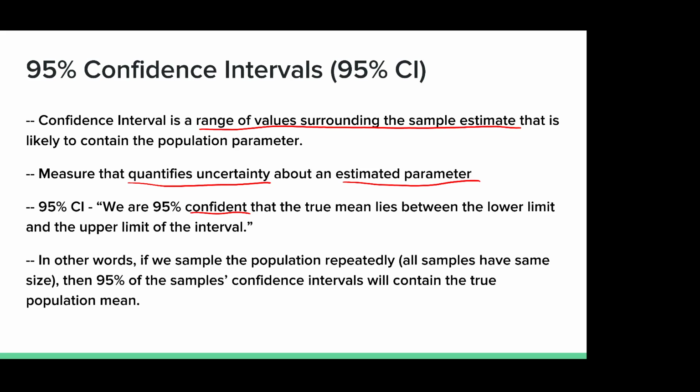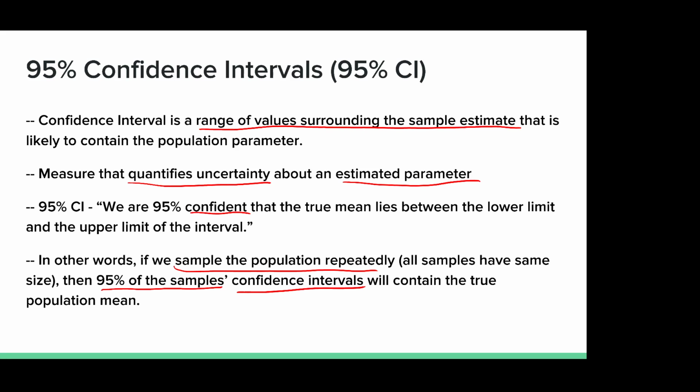What that really means, in statistics, is that if we were to sample the population repeatedly, and assuming that they're all of the same size, 95% of the samples' confidence intervals will contain the true population mean.